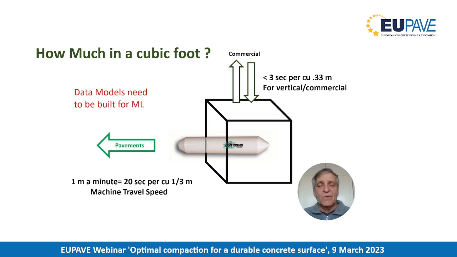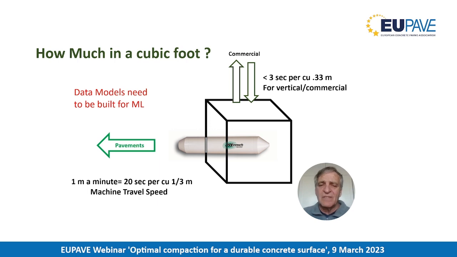But if you're looking at the machine travel speed, if you're going roughly a third of a meter per minute, that's 20 seconds of a cubic foot that you're putting vibration into.